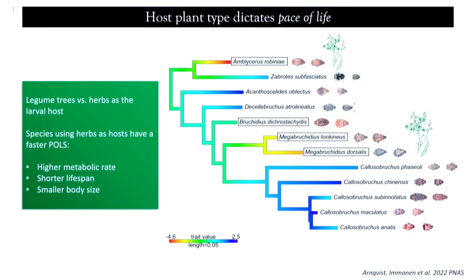And just to show you briefly the ecological side, our seed beetles utilize legume seeds as hosts for the larvae, and they can either utilize tree seeds or herb seeds. What we can see is that this dichotomy has a big effect on their life history evolution. The species that have adapted to trees show a slower pace of life history, and this is true for both sexes.